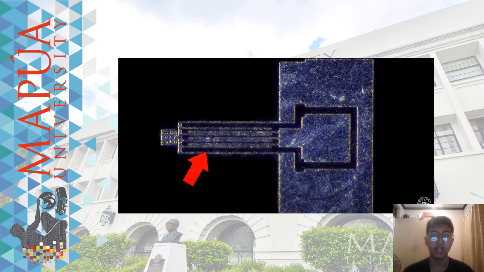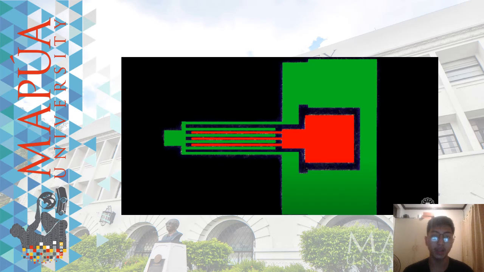Over here, we have what's called a comb finger arrangement. The two structures are very close to each other, but they aren't quite touching. Let me highlight it for you. Now, it should be more obvious that you have parallel surfaces which form a capacitor.